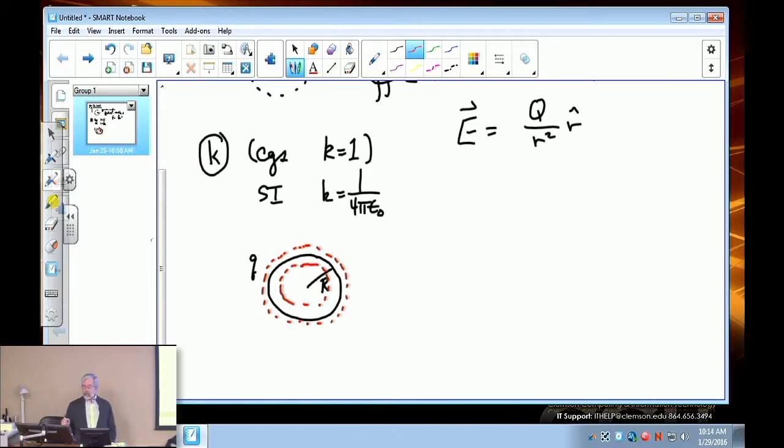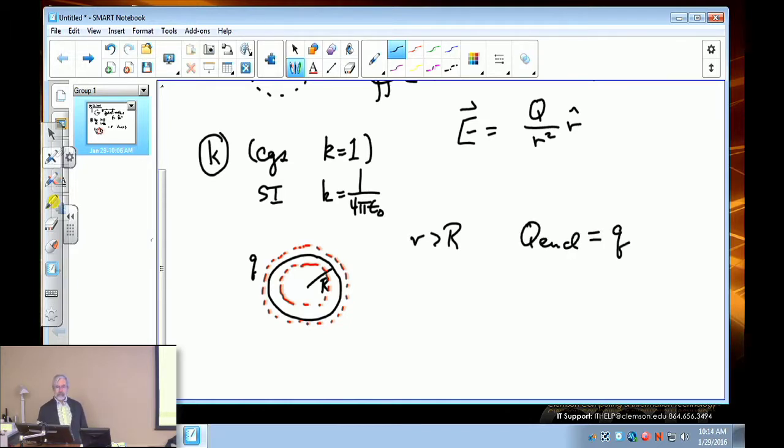Okay, now the charge enclosed, if the radius is outside the sphere, then the charge enclosed is the charge that we place on the sphere. If the radius is inside the actual sphere, the real sphere, then the charge enclosed is 0.